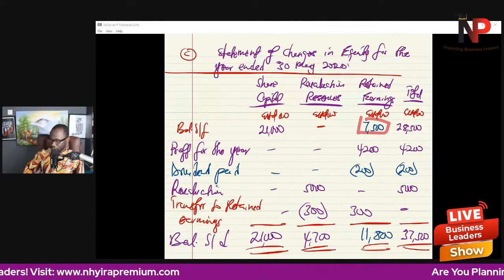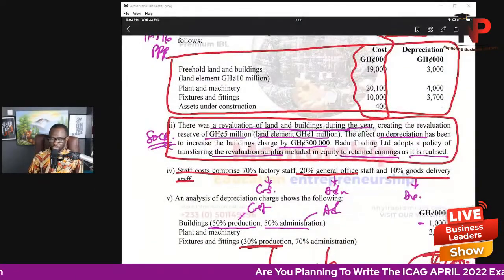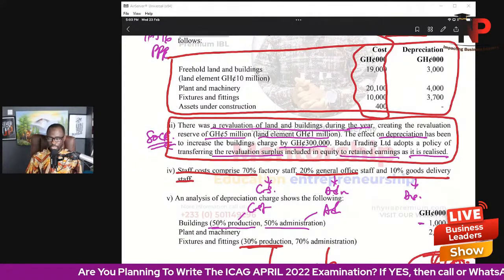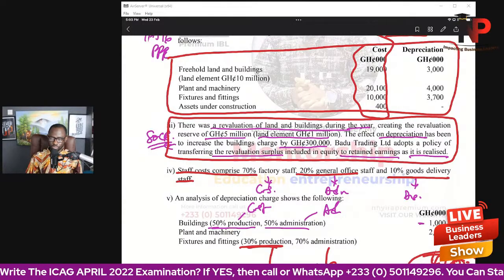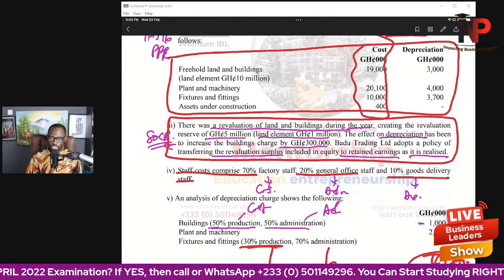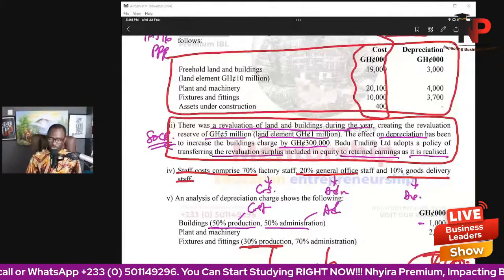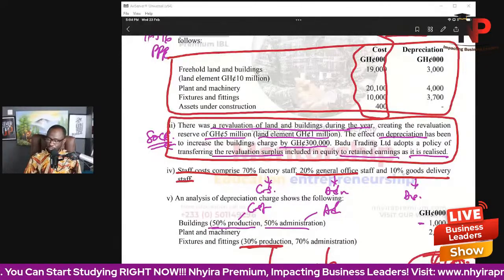That is what we mean by the annual transfer or transfer to retained earnings. And it was stated in the question that it is the company's policy to make transfer of revaluation surplus to retained earnings as it is realized. So that is what we mean by transfer.